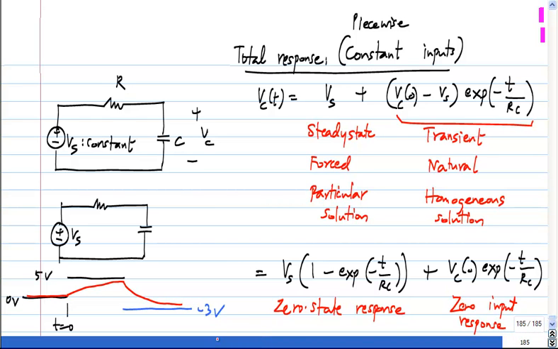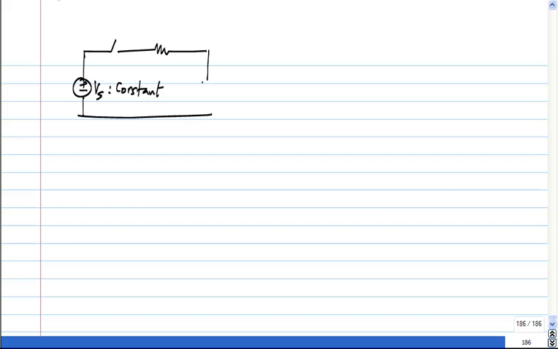Now this kind of solution also applies when it's the same type of circuit but looks very slightly different. So let's say this is now a constant DC source, and you have R and C, and you must have seen problems of this type where the switch is either open or closed at some instant of time.